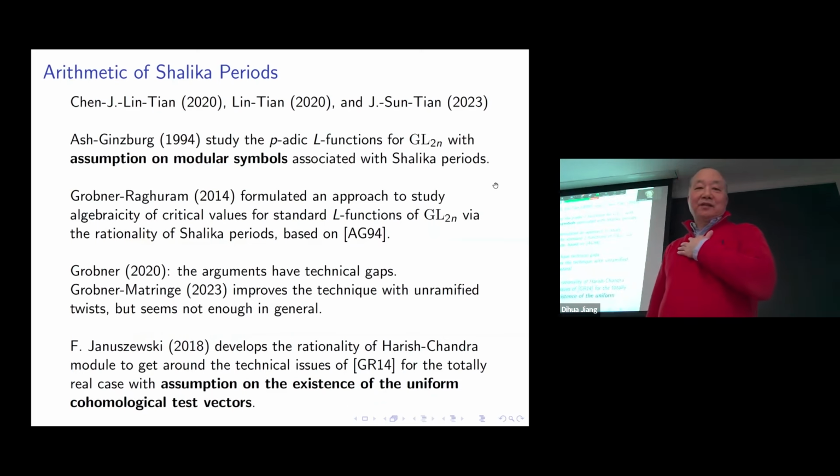So we started doing this relatively recently. But originally, these things go back to right after the Shalika period was used in the theory. 1990 was Jacquet–Shalika, and then there's Friedberg–Jacquet in 1993.